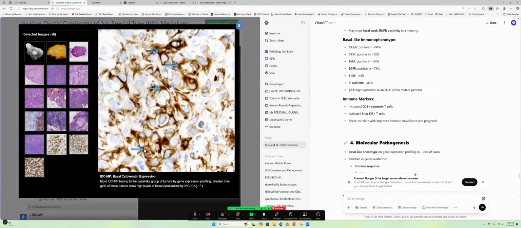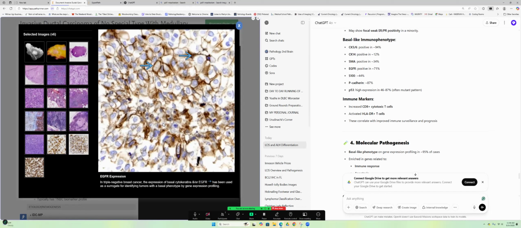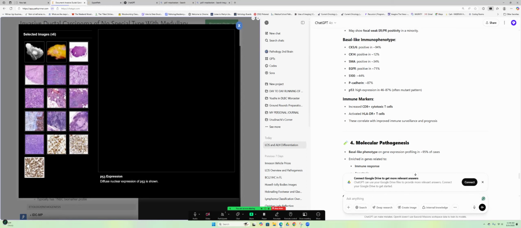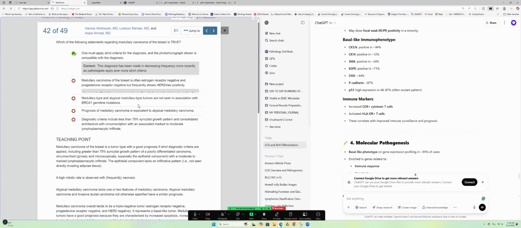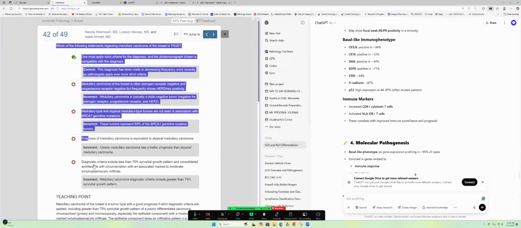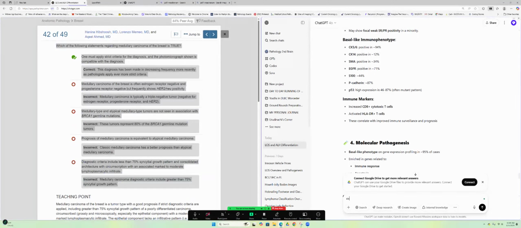EGFR will be present in how many? 71%. CK5/6 and EGFR. And finally, P53 mutation will be present, mutant expression. Okay. Explain these answers yourself.